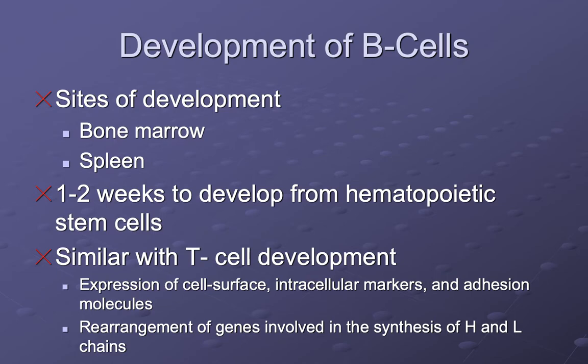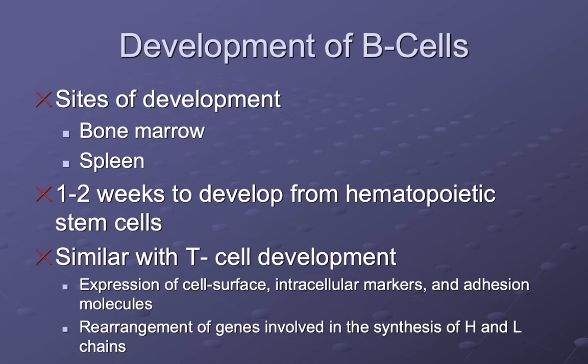In terms of duration, the whole development process can take 1 to 2 weeks, starting from hematopoietic stem cells until eventually you have an acceptable population of immature, naive B cells.